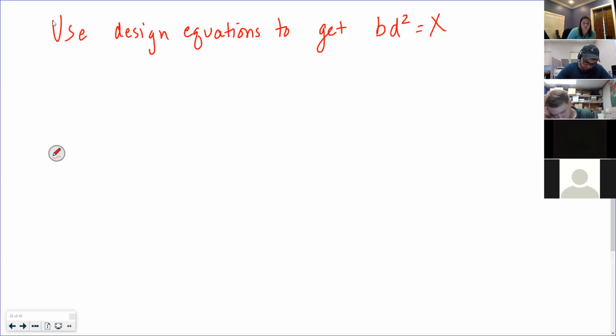Anybody else got numbers like that? You could text it too if you don't want to talk. Still working. 6540. Yeah, I got 6537. I mean, we're estimating everything, right? This is all just to get you in the ballpark of designing.